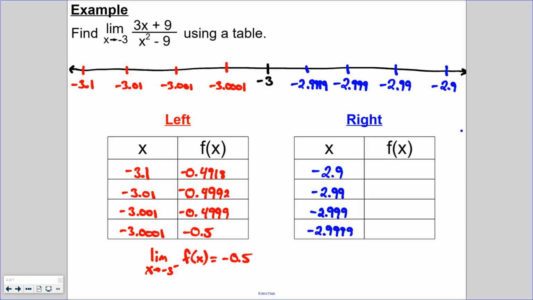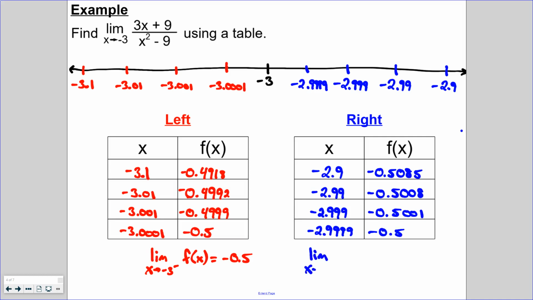Let's take a look at the right-sided limit. So when I plug these values into the calculator, negative 2.9 gives us negative 0.5085. Let's try that again. Negative 0.5085, and then negative 0.5008, negative 0.5001, and negative 0.5.